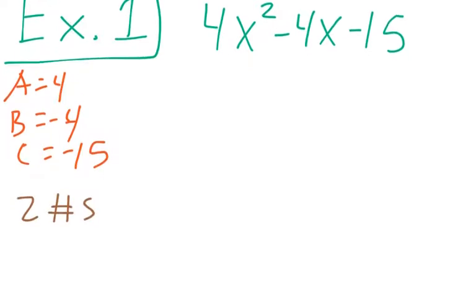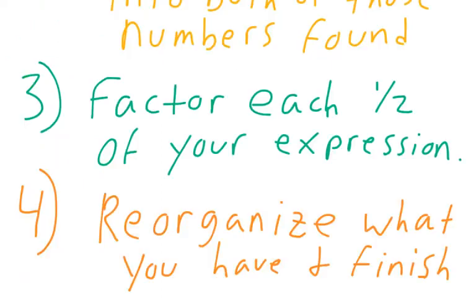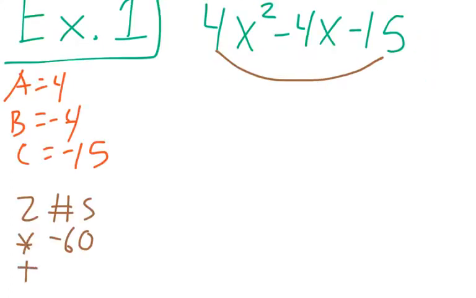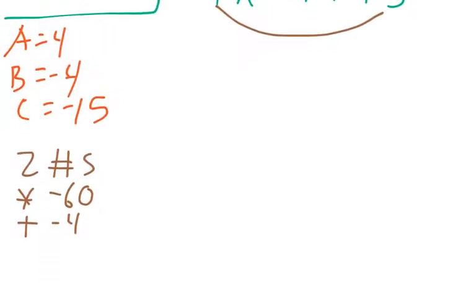These need to multiply to negative 60, because it's 4 times negative 15, and add to negative 4. Can you think of anything that multiplies to negative 60 and adds to negative 4?